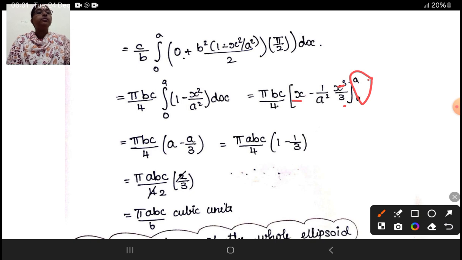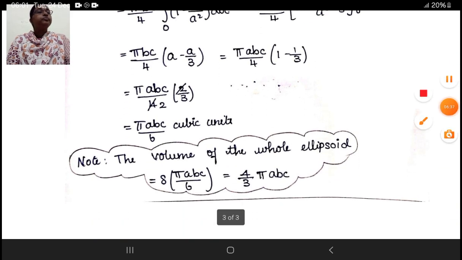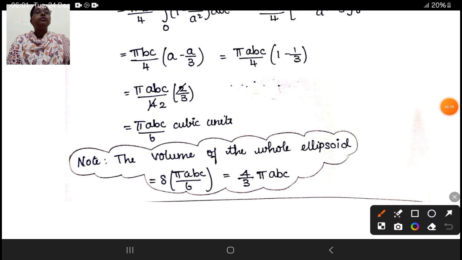The lower limit becomes 0, so applying the upper limit we get a minus a by 3, and cancelling gives a by 3. Taking a as a common term, the remaining is 1 minus 1 by 3, which is 2 by 3. So we get pi abc by 4 into 2 by 3. Cancelling these terms, we get pi abc divided by 6 cubic units.